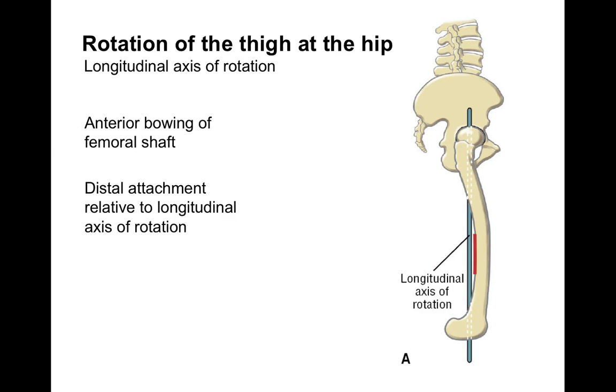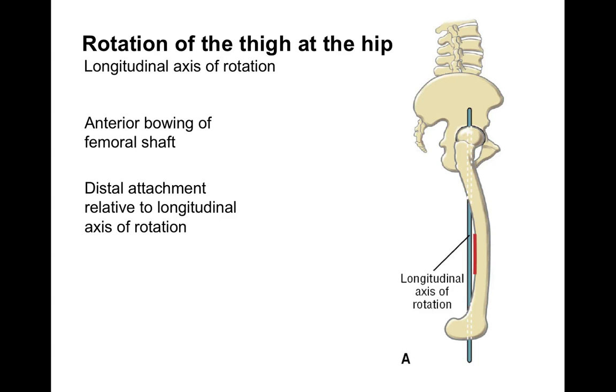Now, rotation of the thigh at the hip is what we've just been discussing with these lateral rotators. And whether a muscle is an internal or an external rotator, that is lateral or medial rotator, is dependent upon the distal attachment relative to the longitudinal axis of rotation.